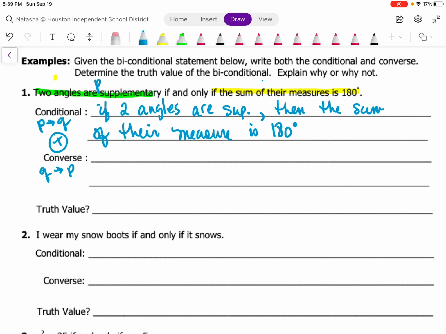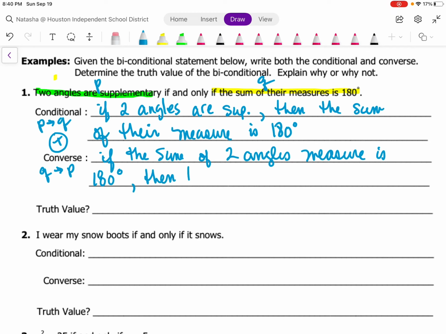Two angles are supplementary is our hypothesis, so this is P, and the sum of their measures is 180 is our conclusion, Q. Now I can say the reverse, so we're going to say Q then P. If the sum of two angles' measures is 180 degrees, then they are supplementary.